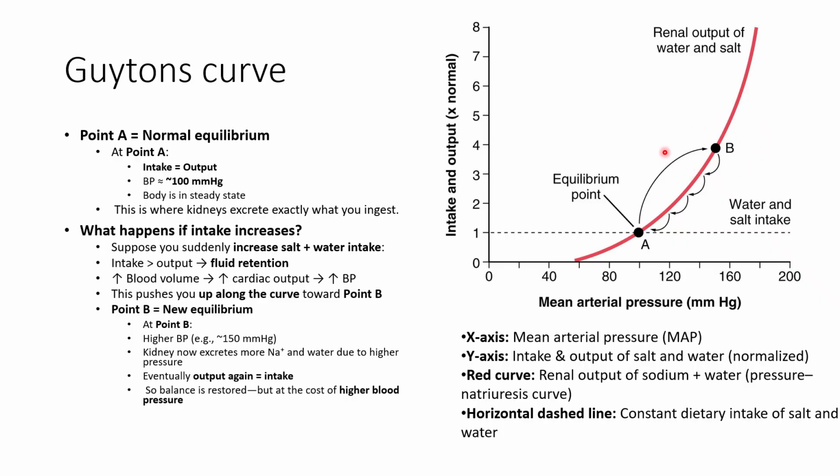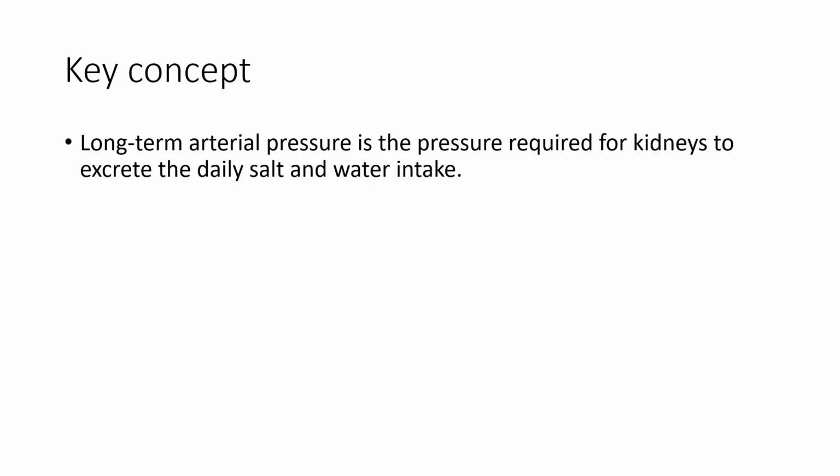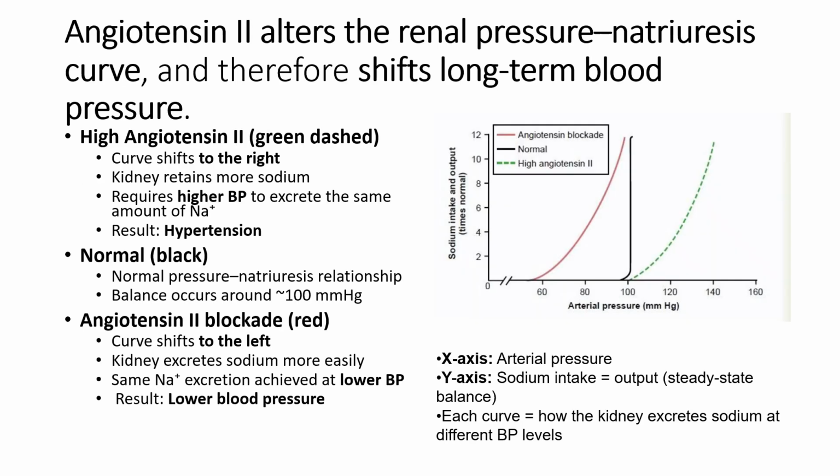That is why people have high blood pressure, because their kidney is trying to maintain homeostasis. So this is the key concept: long-term arterial pressure is the pressure required by the kidney to excrete the daily amount of salt you are consuming. That is why it is necessary to have a limit on your salt intake.